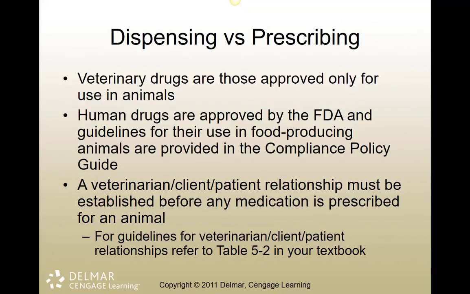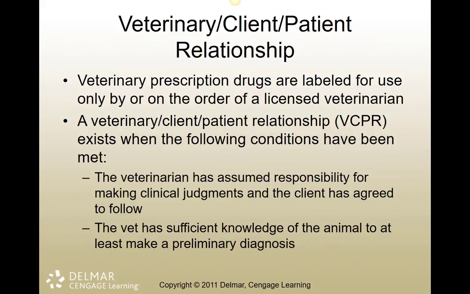I can write out a prescription for them to have filled, I can call it in to a pharmacy, or I can write it in the medical record. If I write it in the medical record, then they can come in and refill it at any time. I don't have to be there. As long as it's in there, they can refill it. If I don't have a VCPR, or that prescription is not written in the record someplace, then it cannot be filled.